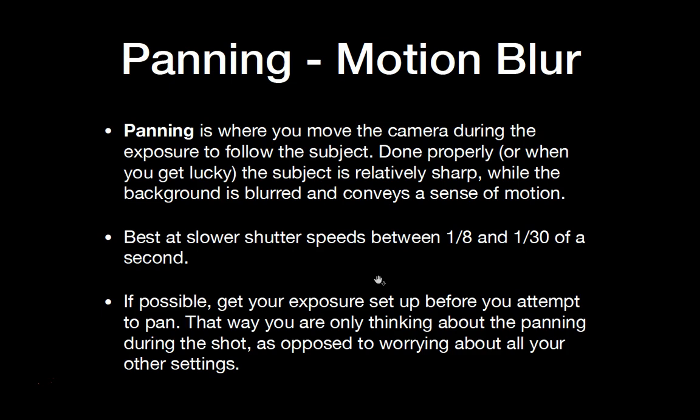It's best at slower shutter speeds, around 1/8 of a second to 1/30th of a second. If possible, get your exposure set up before you attempt to pan. Think about the light that you have, and you follow along. You do not have to do this for motion blur, but it might be fun to play around with. You'll read about it a little bit in some of the readings.